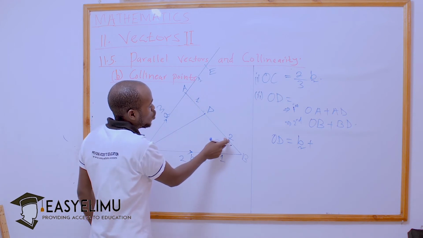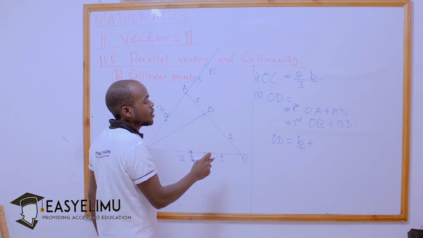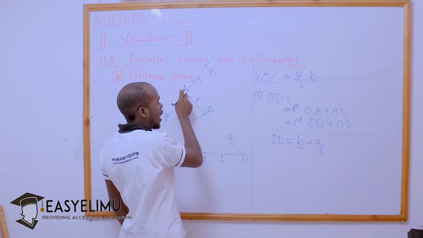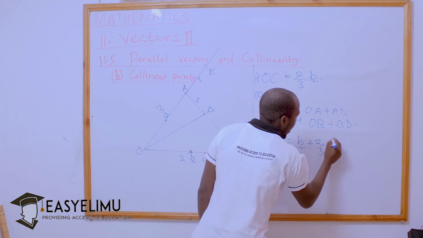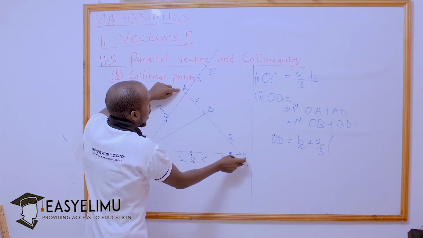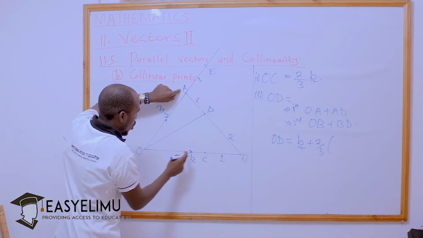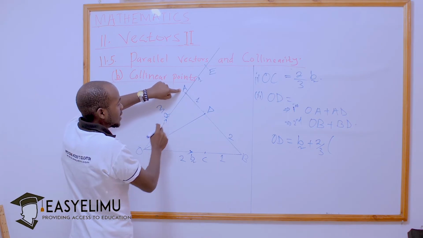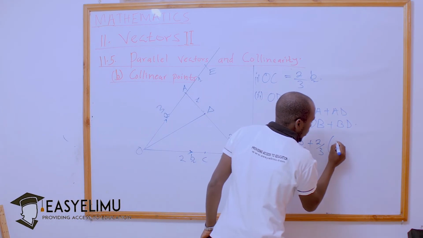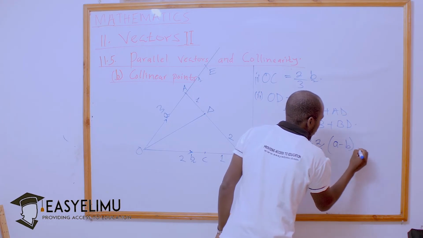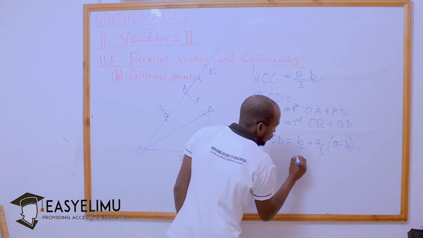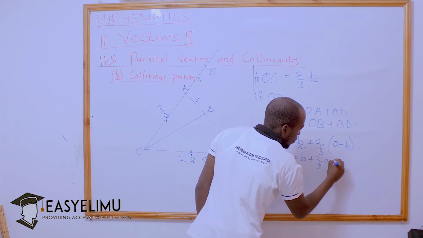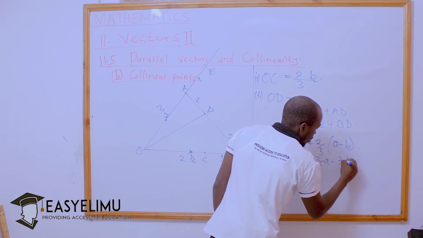But OB we were given is vector B. BD is 2 over the total ratio, which is 3, of BA. And remember, BA can be given by taking BO plus OA. So it will be negative B plus A. So that is A minus B. And if you do that, you're going to get B plus 2 over 3A minus 2 over 3B.